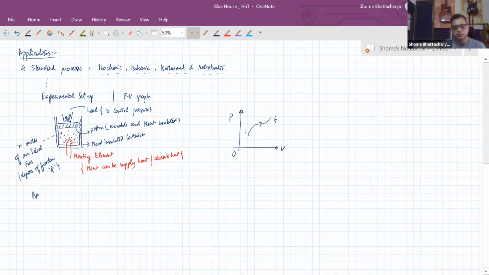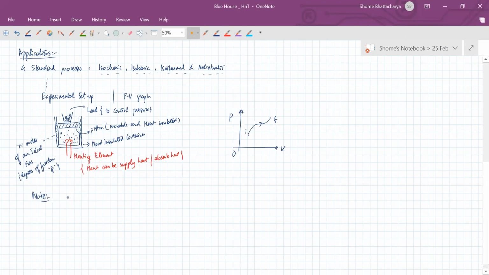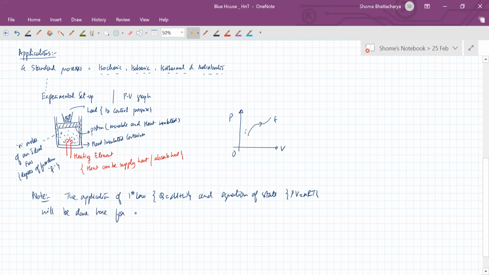Now, one very important point over here, the application of first law, that is Q is equal to delta U plus W, and equation of state, that is PV equal to nRT, will be done here for any process assuming the gas has isotropic pressure and temperature during the process.